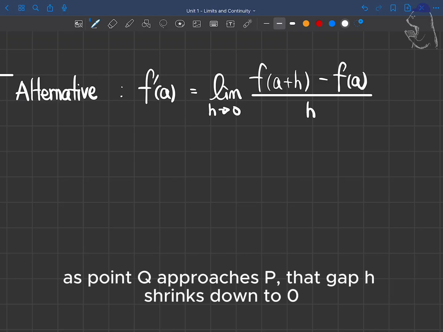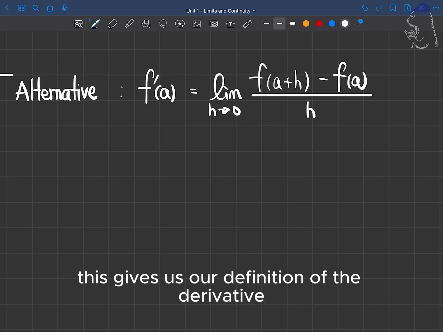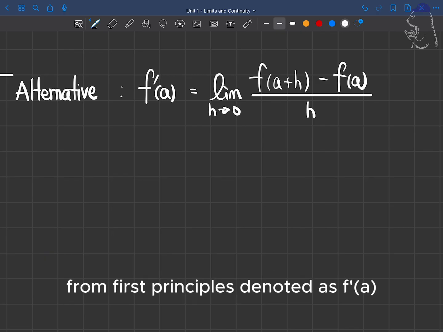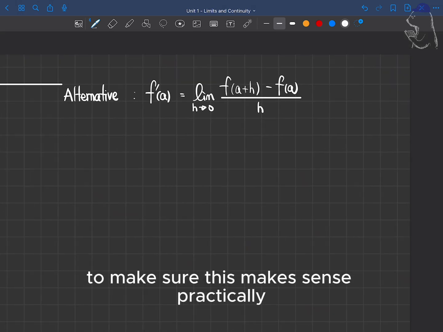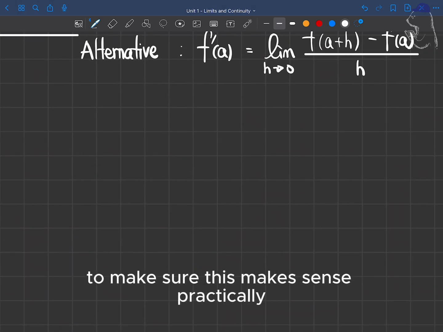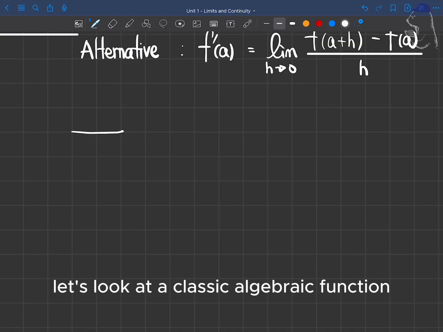As point Q approaches P, that gap h shrinks down to 0. This gives us our definition of the derivative from first principles, denoted as f prime of a. F prime of a equals the limit of f of a plus h minus f of a, divided by h, as h approaches 0.